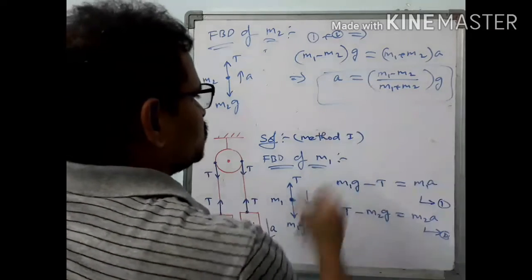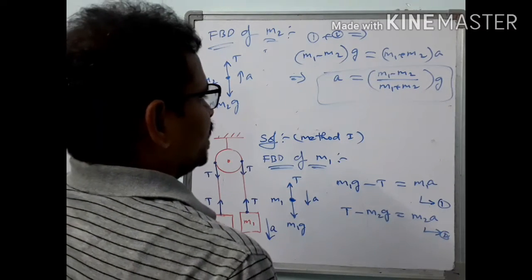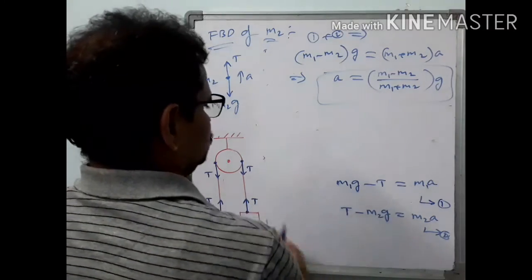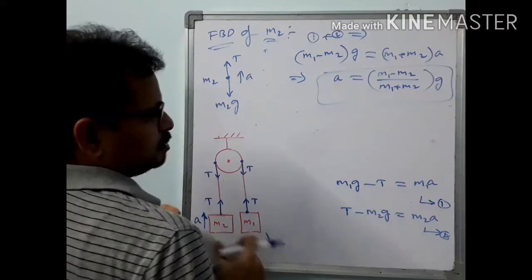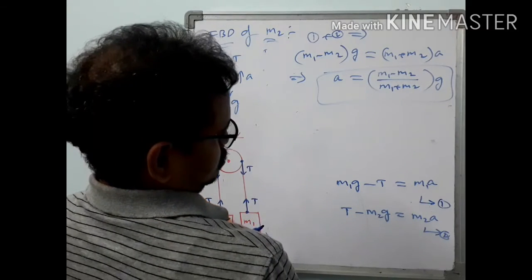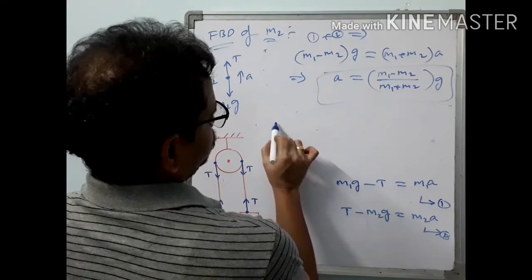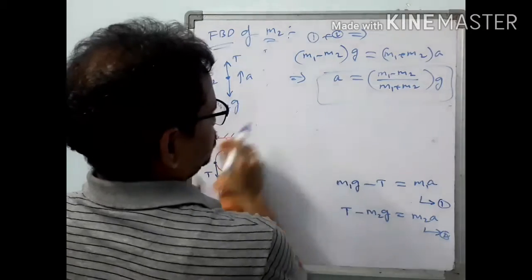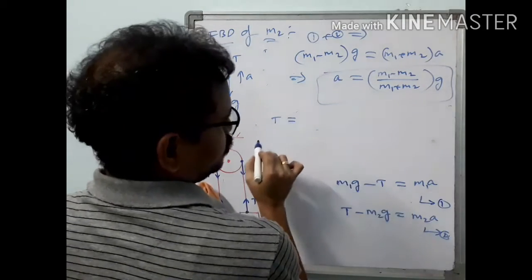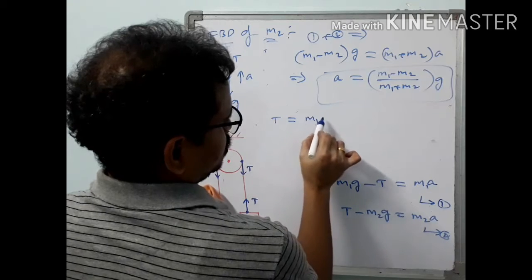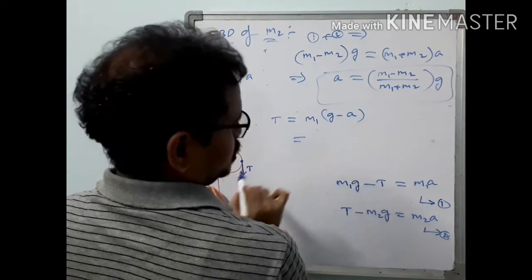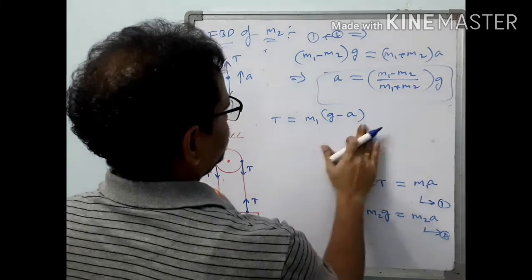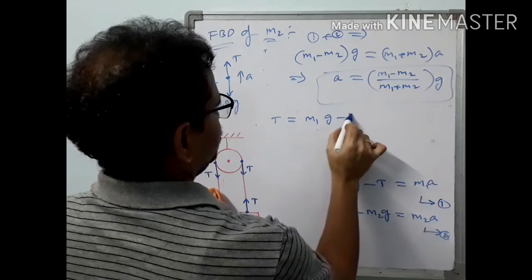Next, what is T here? Substitute this value. We can get T now. M1G minus T, or let us take T that side, T equal to M1 G minus A, that equals, let me write this one separately, M1G minus M1A.